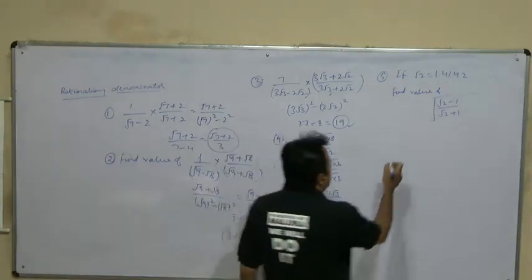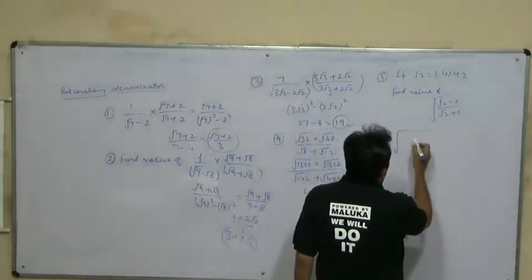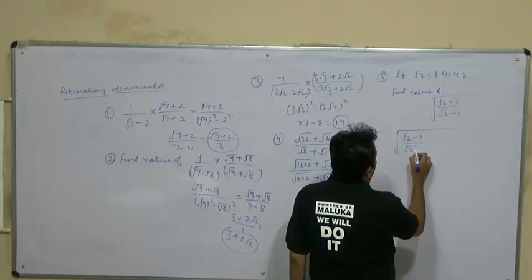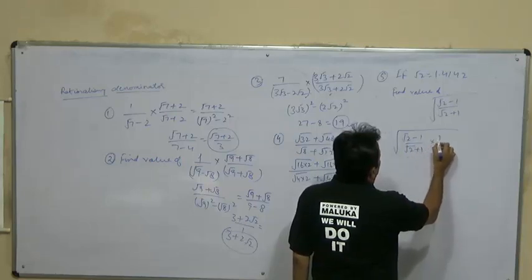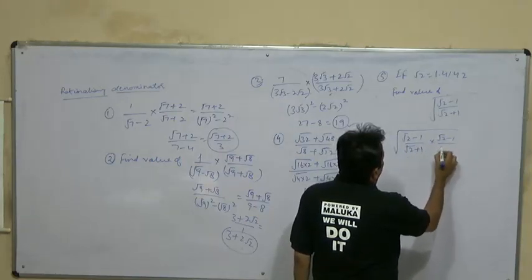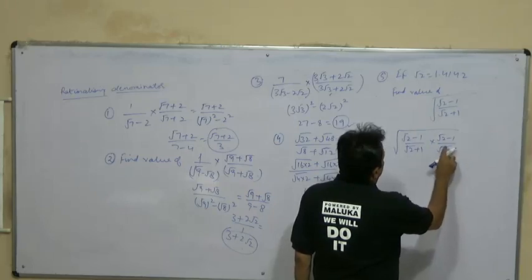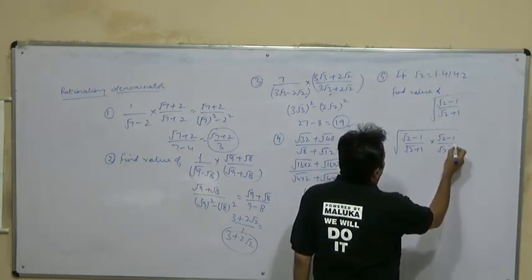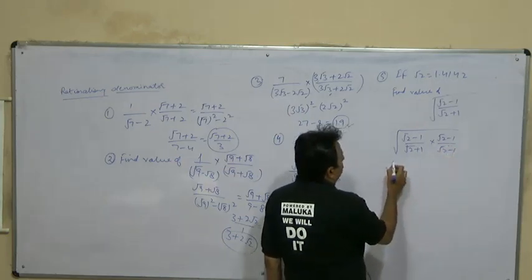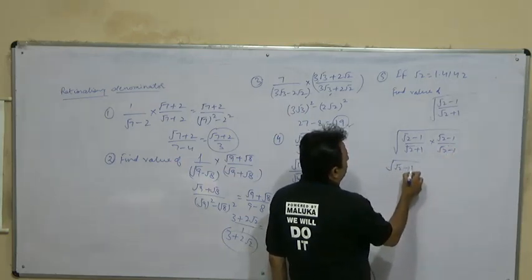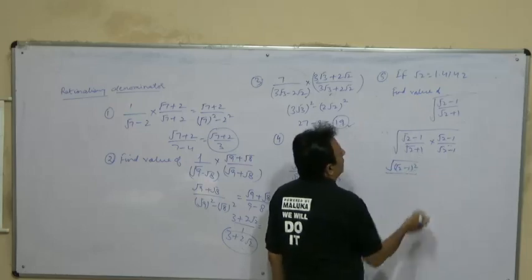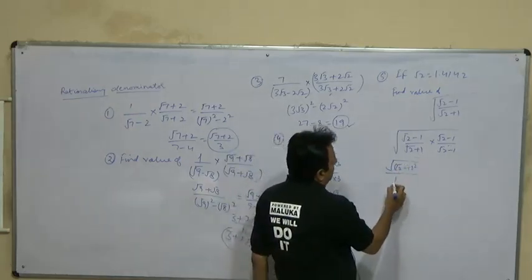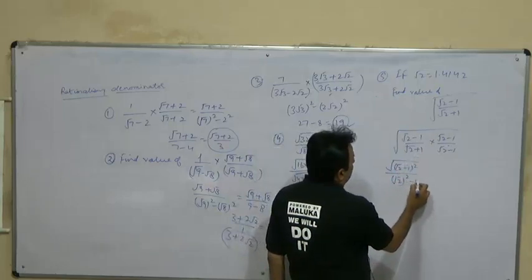So this will be under root 2 minus 1 upon under root 2 plus 1 times under root 2 minus 1 upon under root 2 minus 1. Now this will be under root 2 minus 1 whole square, and in the denominator we have a square minus b square, under root 2 square minus 1 square.